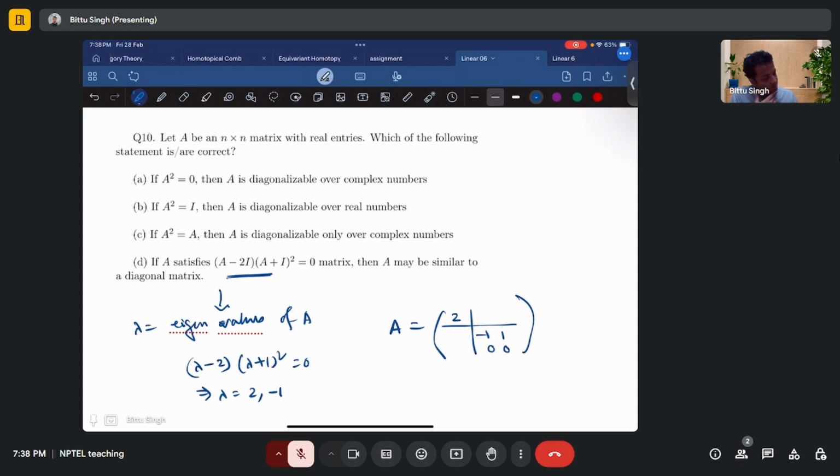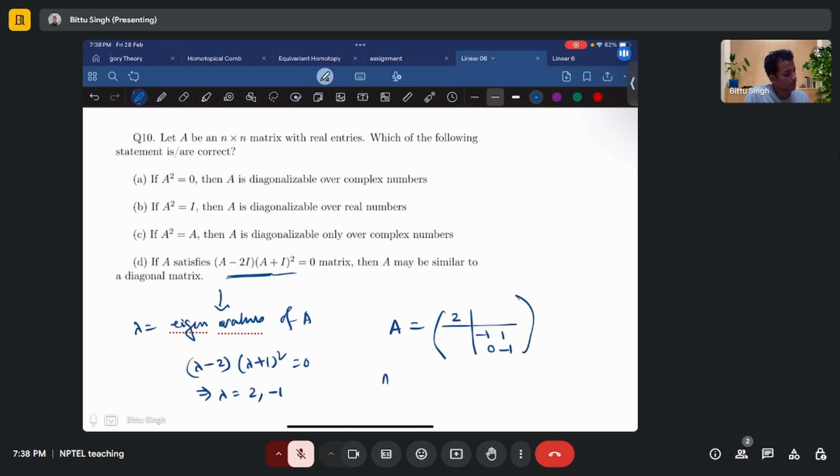So if we square this thing, eigenvalues are minus 1. Okay, so again we can easily see that this equation is satisfied by this matrix.